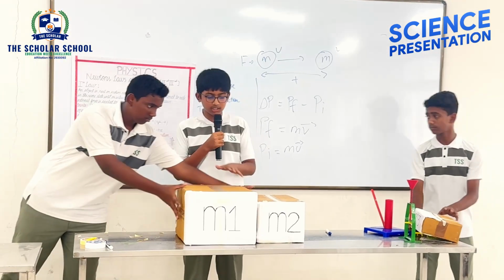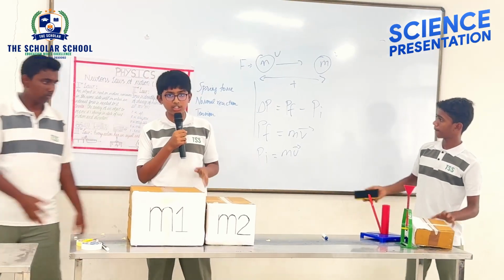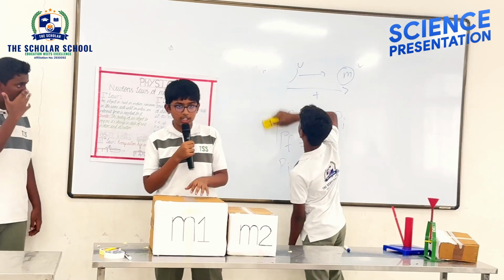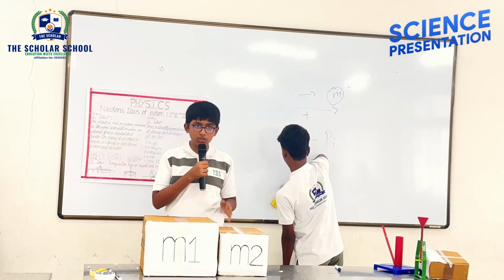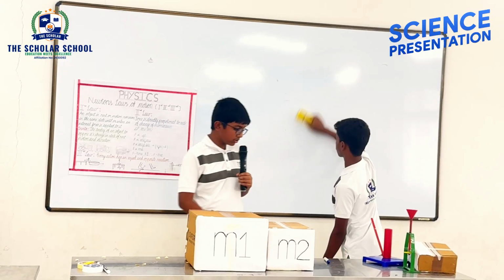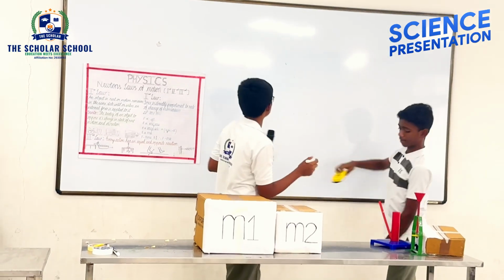Two bodies of masses m1 and m2 are placed on a frictionless surface. Find the acceleration of the system and the contact force between m1 and m2 when the force F is exerted on m1. First we need to draw the diagram for this.